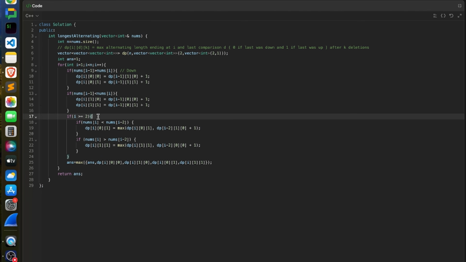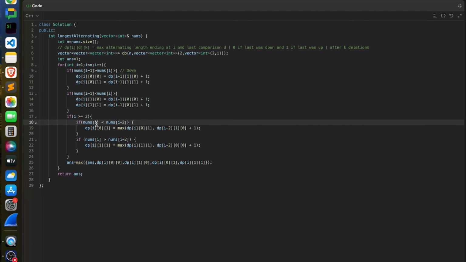Now there is a case, let's say I is greater than or equal to 2, right? It means that there are at least 3 numbers possible, right? So here you also have to consider a case when you delete just the previous number, right? Just the previous number. So in that situation, this is going to be your state.